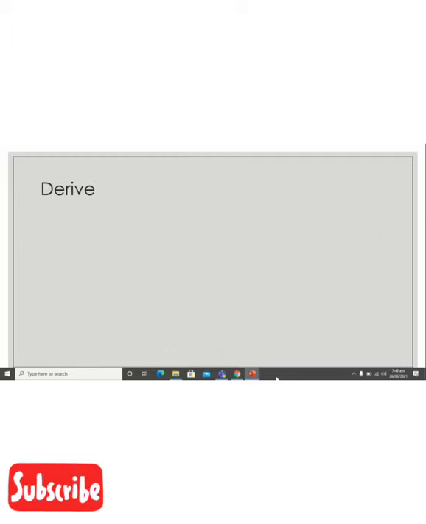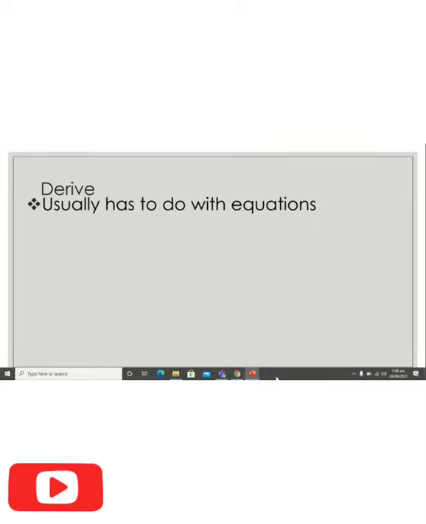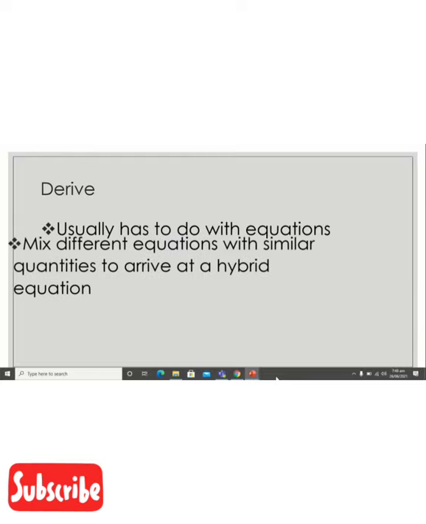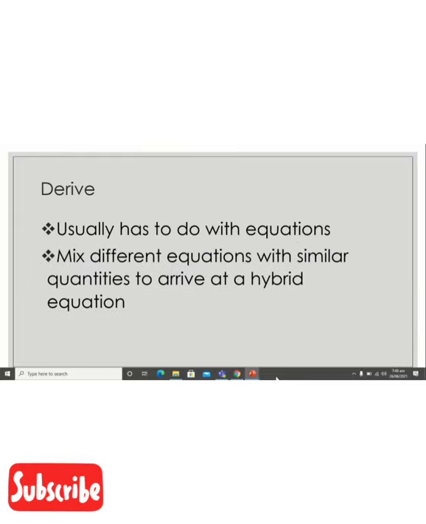Then now we have derive. Derive, which usually is a mathematical thing. All right, usually deals with equations. So you're mixing equations of similar quantities to arrive at a hybrid equation. Okay, you can think about this mostly in physics, where you need to do this derivation of equations so that you can find an answer to a problem.